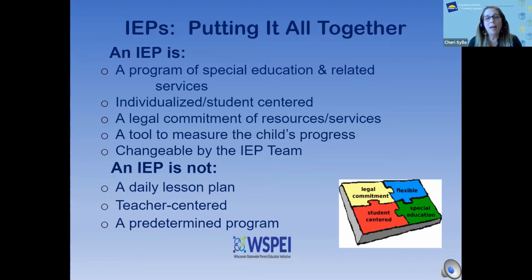So what's in the IEP is what the school district, or the local educational agency, the LEA, is committing to provide that student. Oftentimes when parents call with questions or concerns, I always say, bring up your son or daughter's IEP and let's see what's written in there, because what's written in there is what we can hold schools accountable to. It's a tool to measure the child's progress.